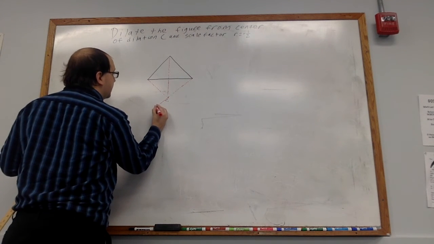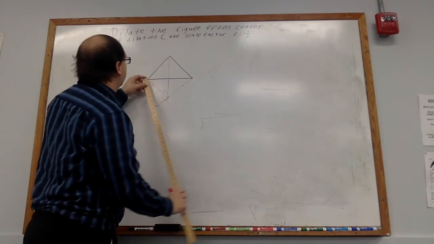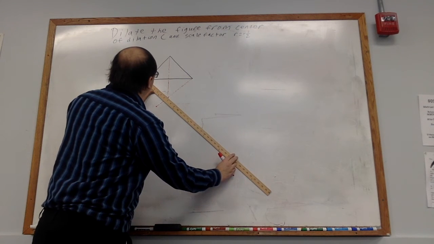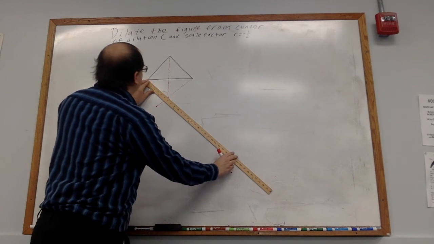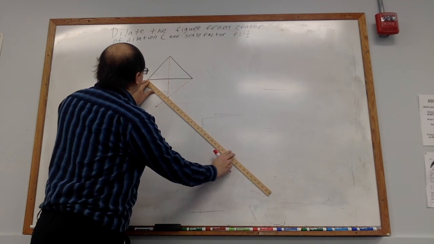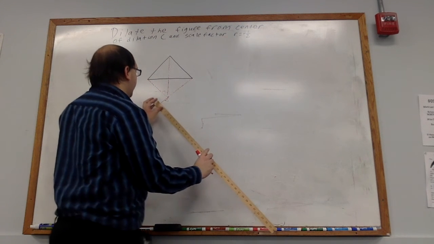So here's our first vertex. Same thing for this one. This one is 6 3/4. So that will become 3 1/8.